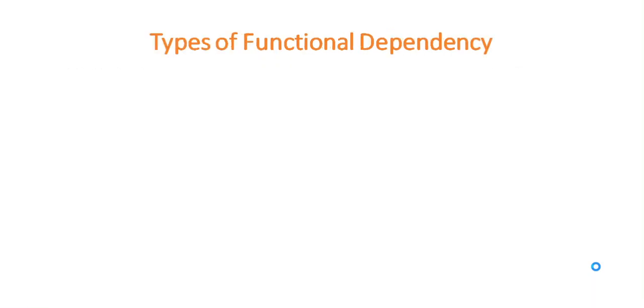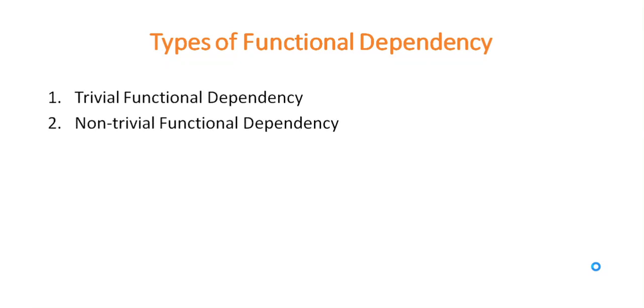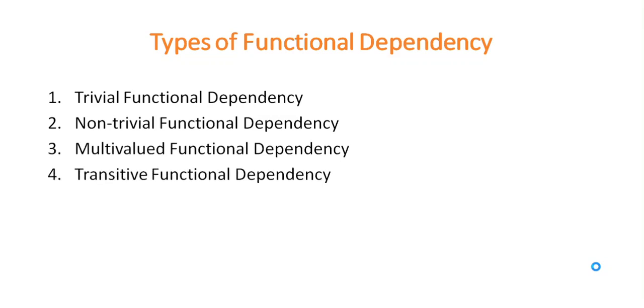Now let's move to the types of functional dependency. In the relational model, we have trivial functional dependency, non-trivial functional dependency, multi-valued functional dependency, and transitive functional dependency. These are the types of functional dependencies in the relational model. But remember, not every relation has all the functional dependencies.